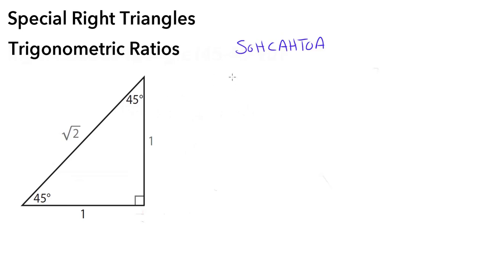So let's go ahead and do sine, the sine of the 45-degree angle. That's going to be opposite over hypotenuse. So that's going to be 1 over radical 2. Now, when we have a fraction like this, we do not want the denominator to be a radical. So the way we take care of that is very easy.